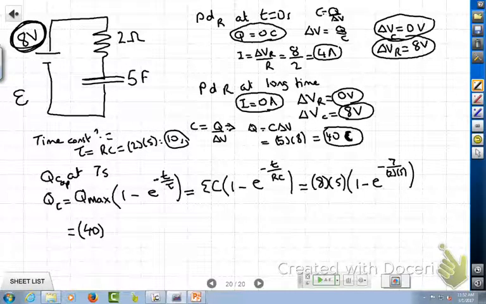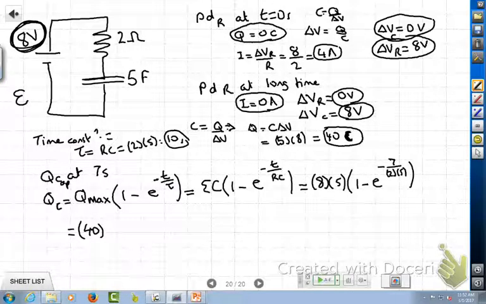We're not talking about epsilon naught. It is the Greek symbol for EMF. They call it epsilon, as opposed to V, just so you know. That's not a potential difference, that's an EMF. Okay?